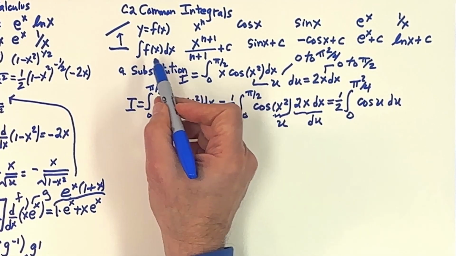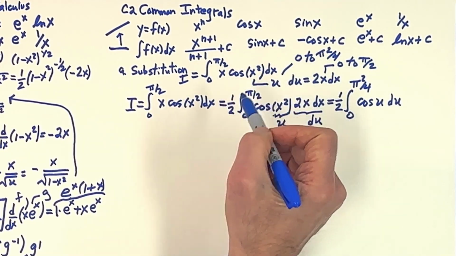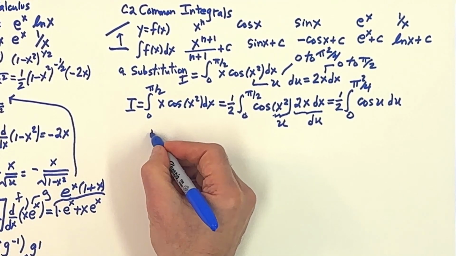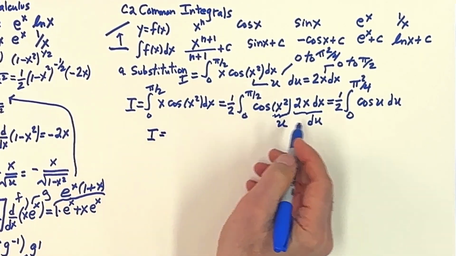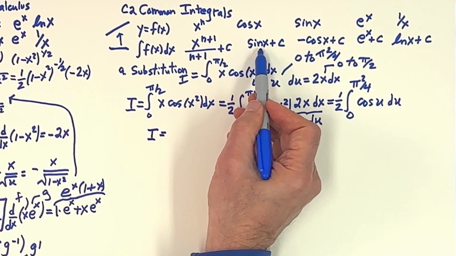When the integral is indefinite like this, with no limits, you've got to be careful and put the constant in. So this one here, the integral is then equal to integrating the cosine gets me the sine.